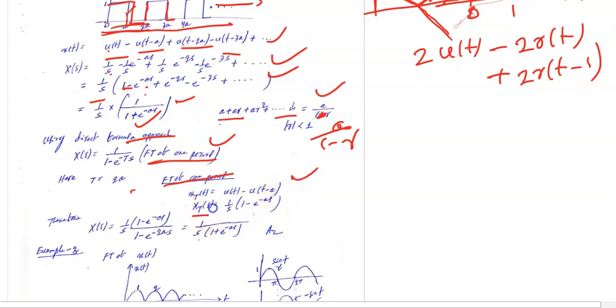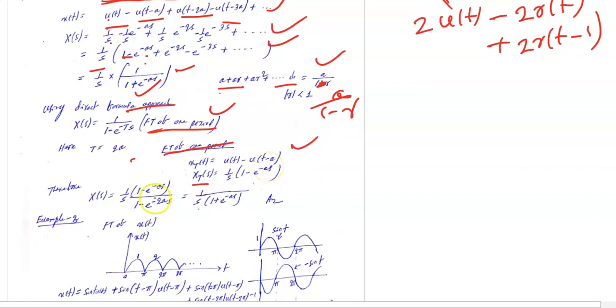So ft of 1 period will be 1 upon s into 1 minus e to the power minus as. So put these values, ft of 1 period upon 1 minus e to the power minus ts, and ultimately you will get this one.